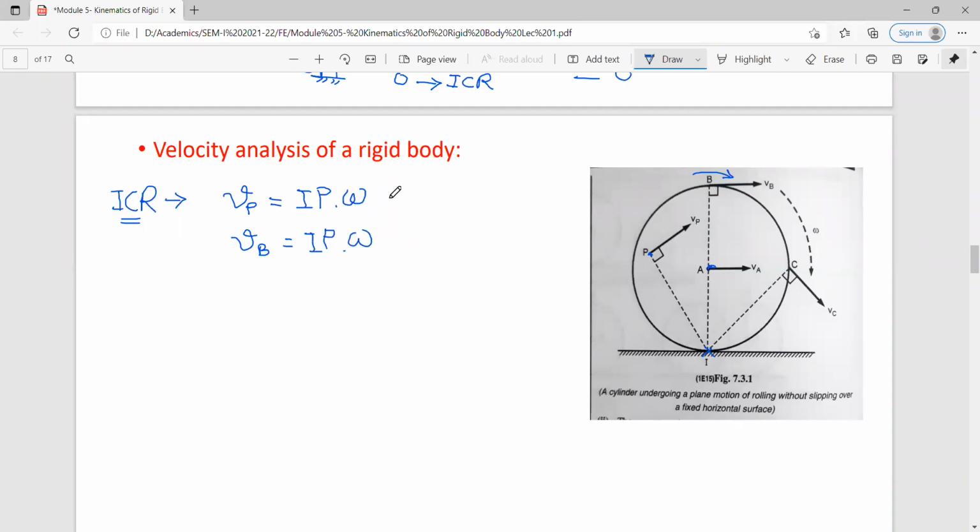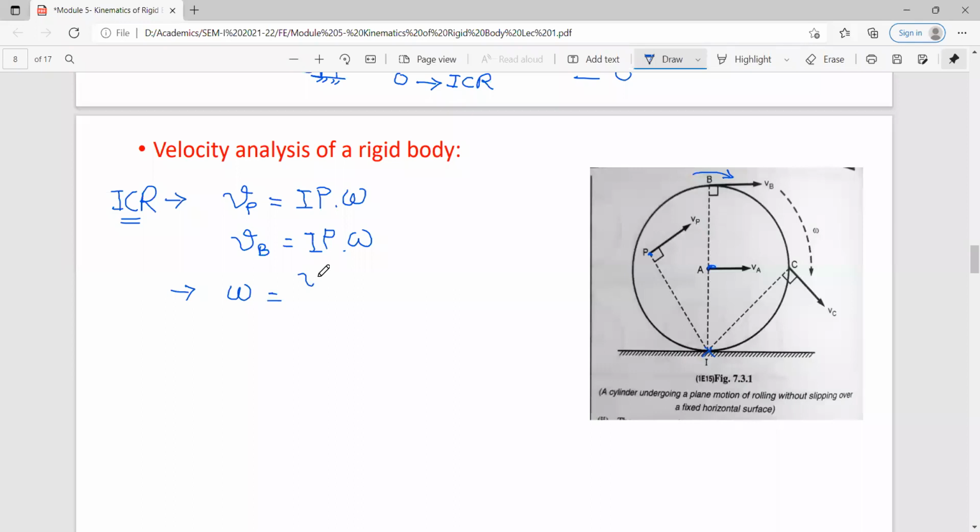And further, suppose I have to calculate the angular velocity omega. In order to know the angular velocity, I must know the velocity of any one point.